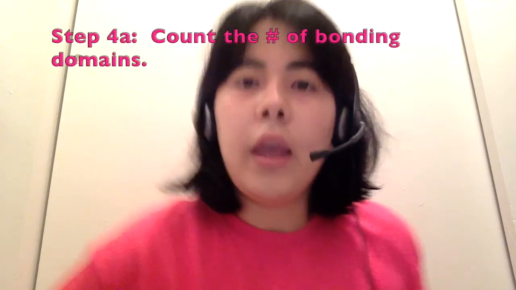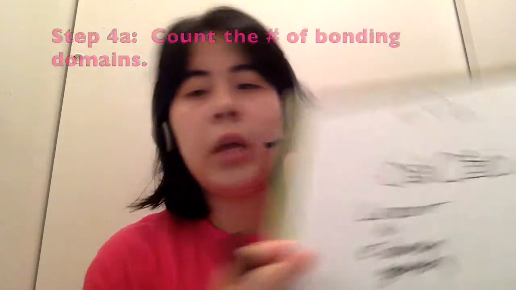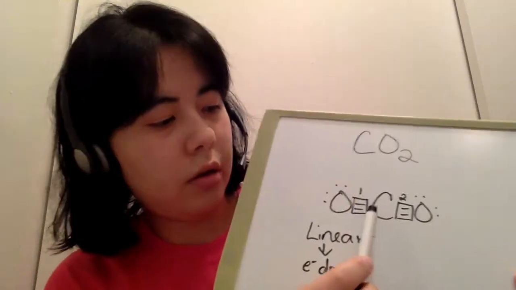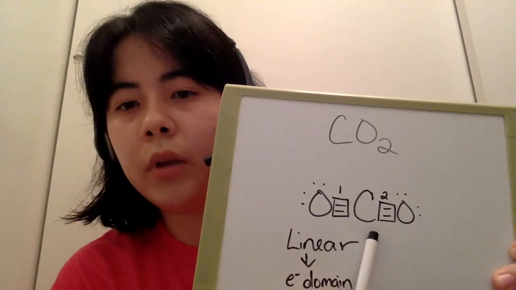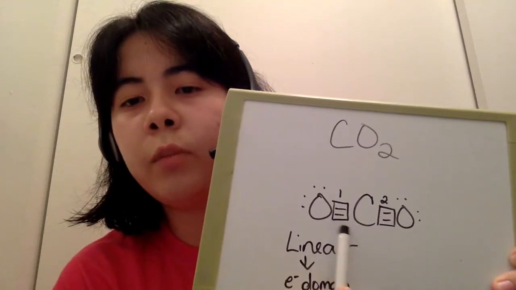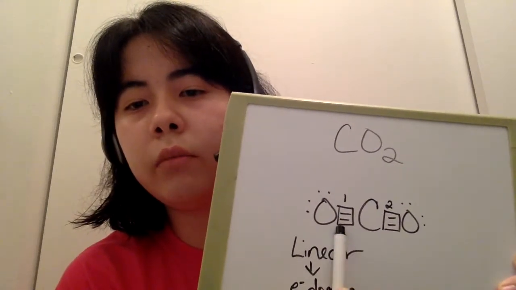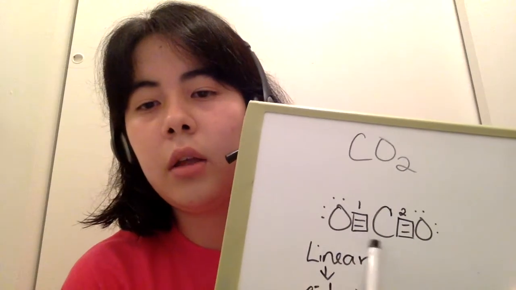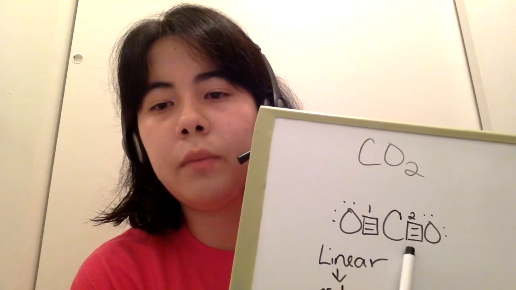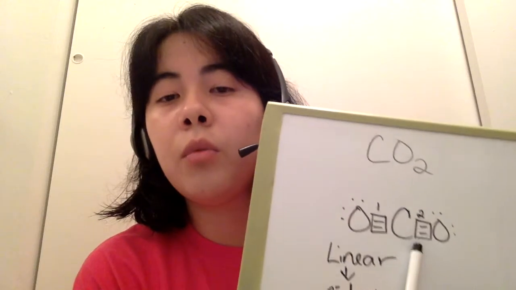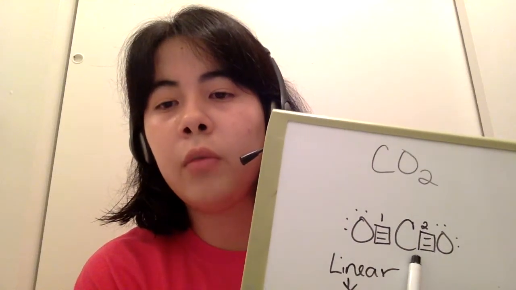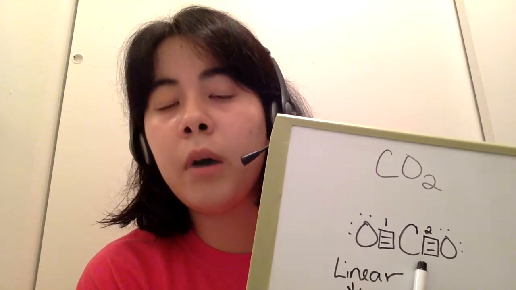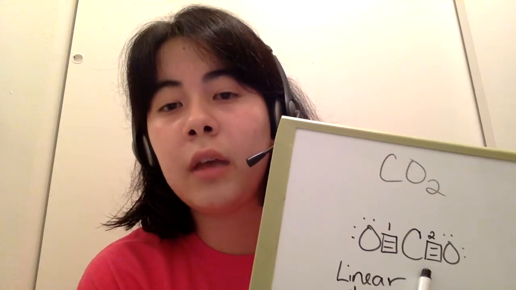When we do this, we have to look at our center atom again, and that's going to be carbon. And we have to look at what's being bonded to it. So guess what? We have this over here that's bonding, and this over here is bonding together. To remember that rule from earlier, double bonds and triple bonds count as one.